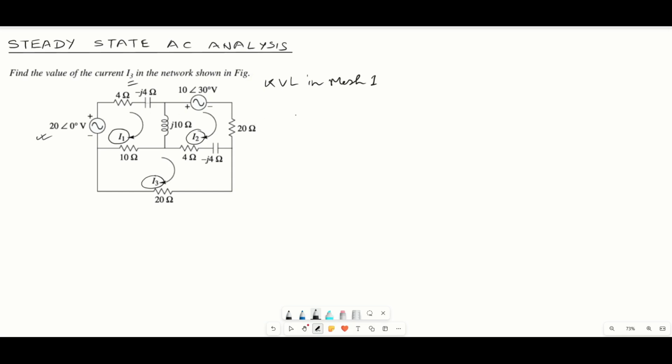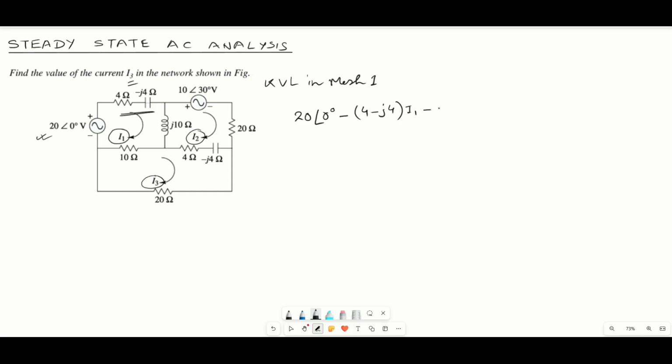If you write down the equation, it will be 20, the voltage, which will be positive because we are moving from negative to positive direction. Next, as we already know, the drops across the impedances are negative, so it will be minus of, considering both together, (4 minus J4) into I1.